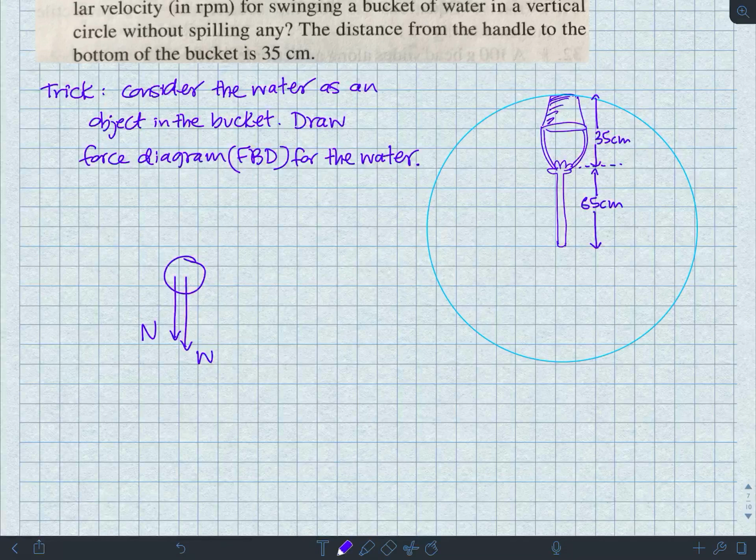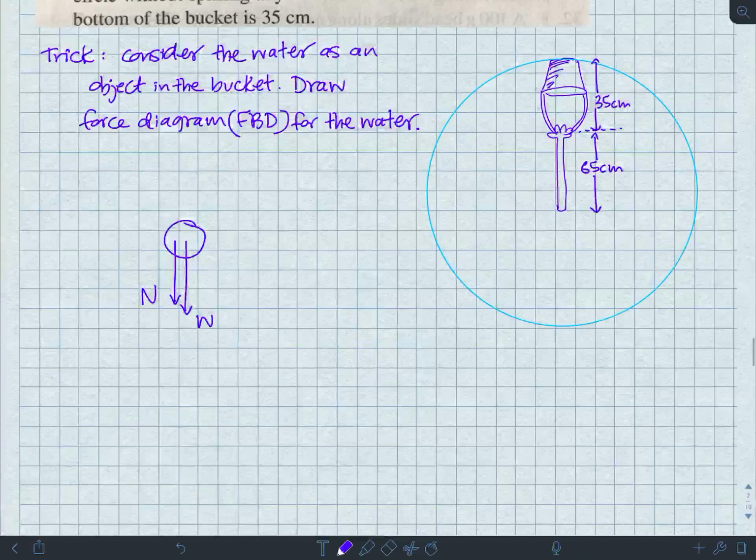What about the normal force? If we swing this faster and faster and faster, then the requirement from the bottom of the bucket is going to get stronger and stronger. So that normal force is going to have to get greater and greater to maintain that curve if we're going very fast, and we need a stronger centripetal force to maintain that curve.